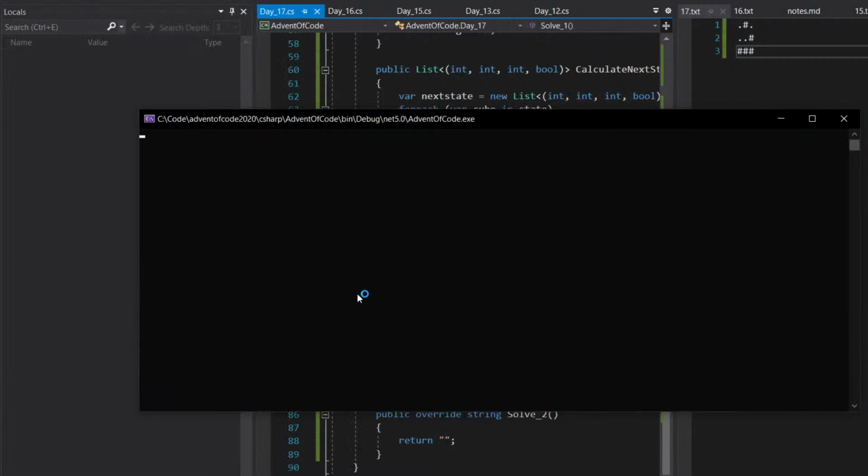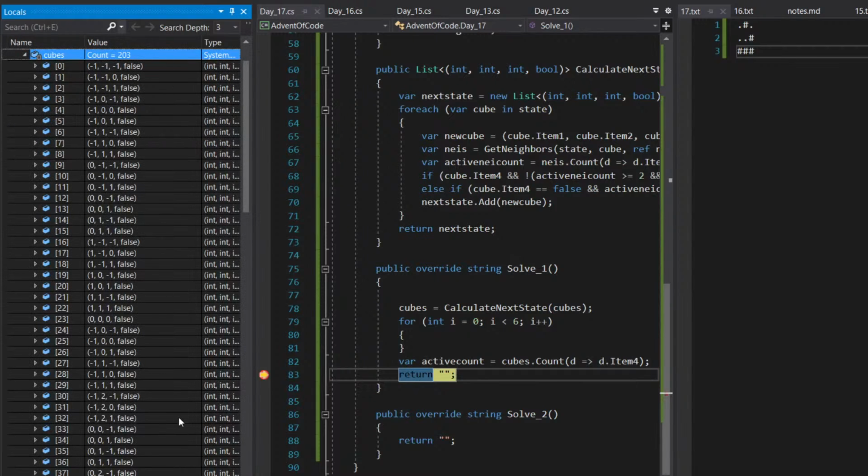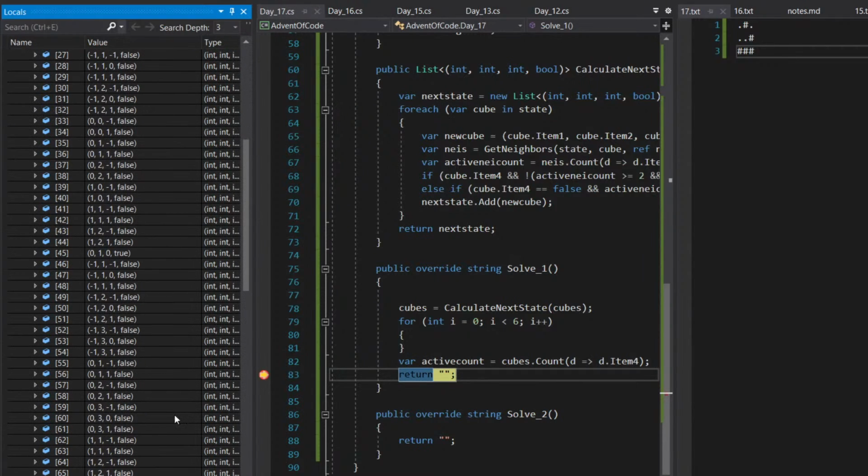Yeah, shouldn't we only have 125 in the cubes? But we have 203. Why? What is this guy doing here? 130.